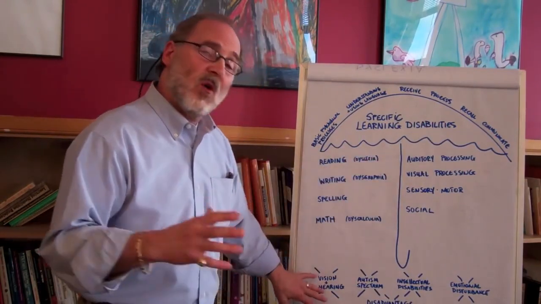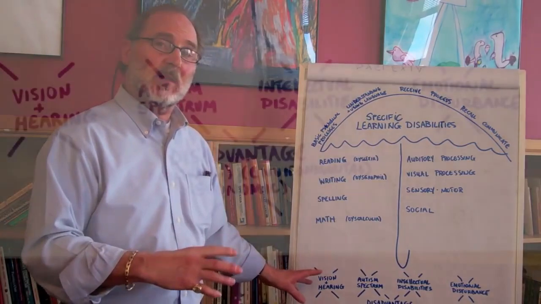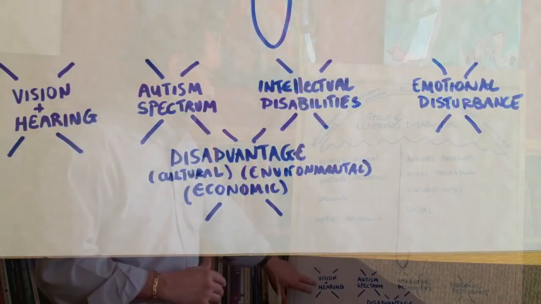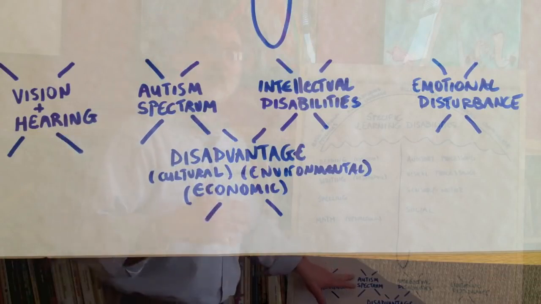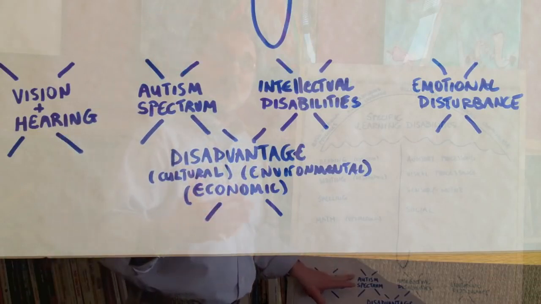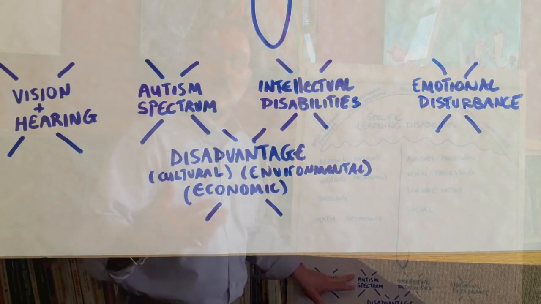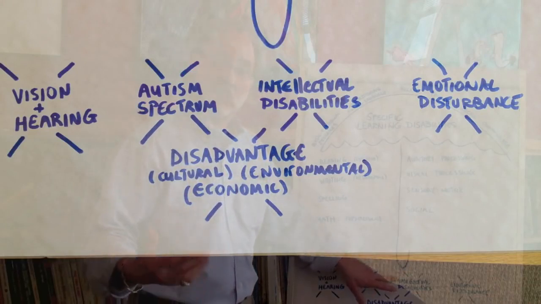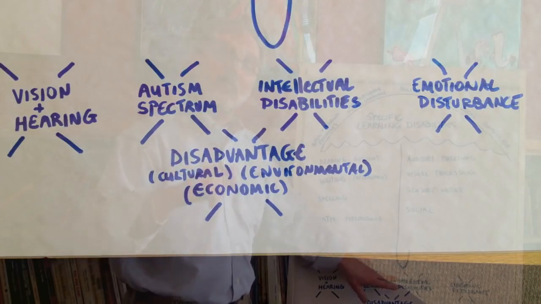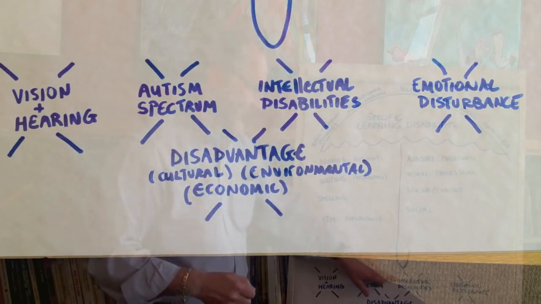I need to also say that learning disabilities are not the result of poor vision or poor hearing. They're also not the same as children who have difficulties on the autistic spectrum. They're not the same as intellectual disabilities, the term we use formally known as mental retardation.